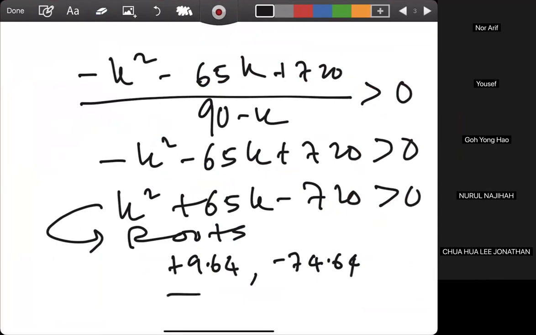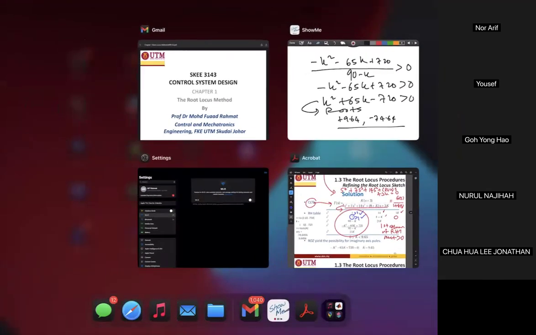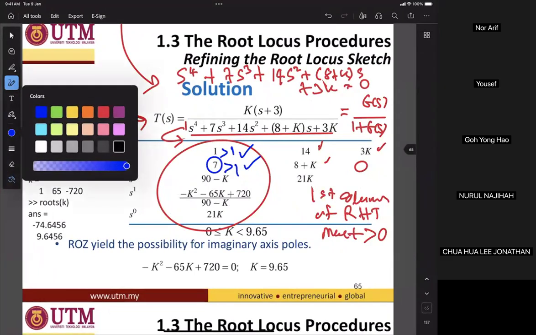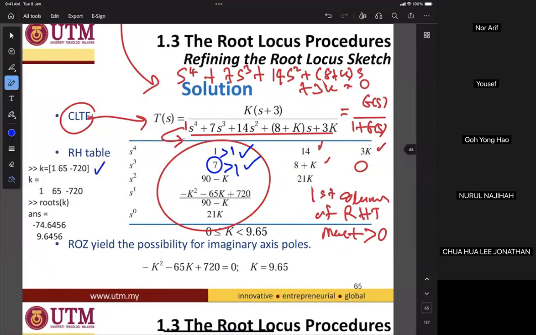Okay, so that is the value. And if we use MATLAB, we just write there, create the K vector. Then find the roots. Okay. Then we'll give the same answer.